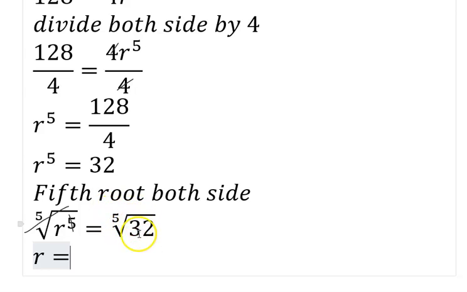That means what number are you going to times 5 times that will give you 32? So it's 2. If you times 2 5 times, it should give you 32. 2 times 2, 4 times 2, 8 times 2, 16 times 2, 32. That's 5 times. 2 into 5 places will give you 32. So we'll be able to get our common ratio.